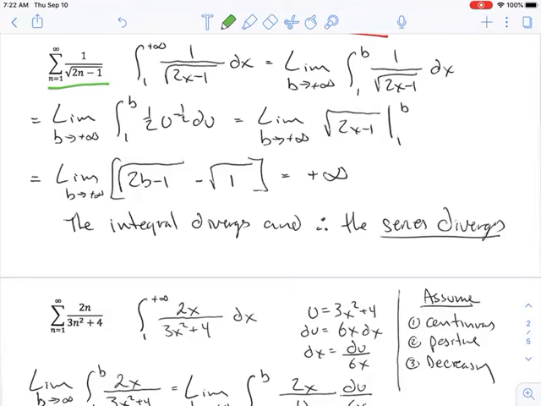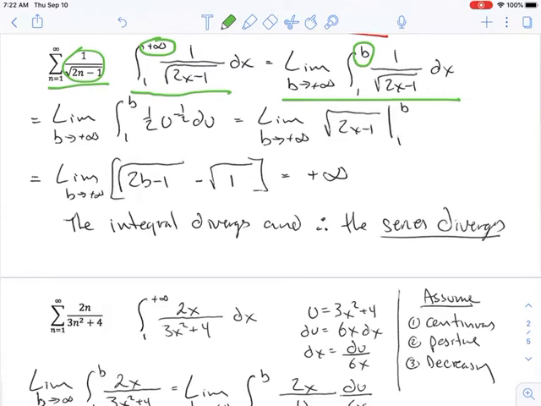So let's use the integral test. We set up an integral, and we simply replace the sequence with an equivalent function. And again, as always with these problems, our upper bound of integration is infinity, so we have to do an improper integral.